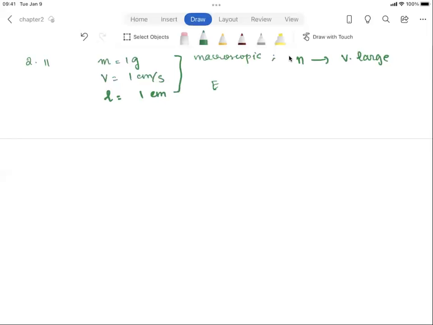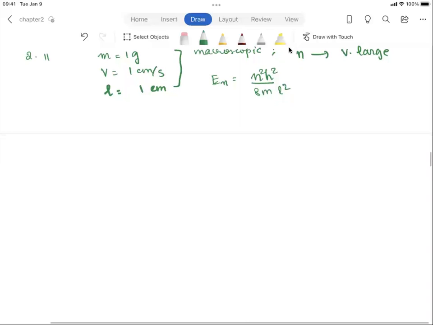So, treating this as a particle in a box, the energy is going to be n squared h squared over 8 m L squared, where L is the length of the box. For this macroscopic particle, the energy it has is going to be the kinetic energy, because it's constantly in motion, and that is going to be half m v squared.